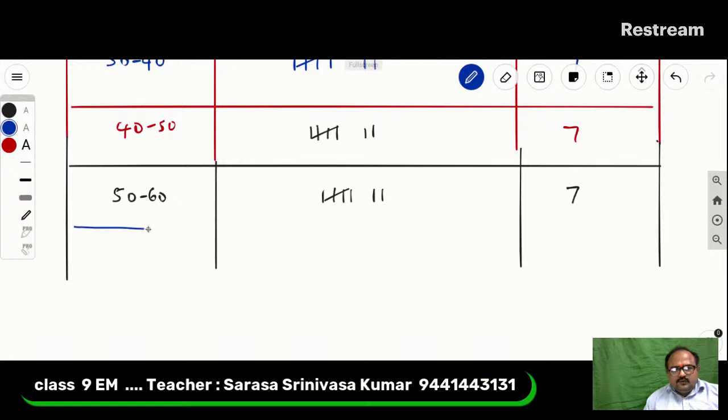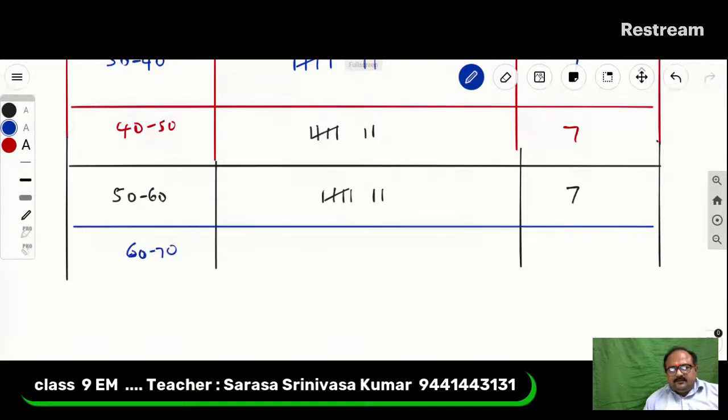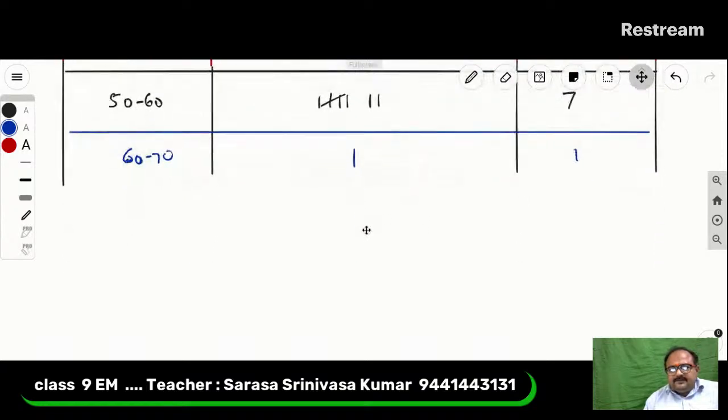Now we write the frequency of the 60 to 70 class interval. Only one student got marks between 60 and 70. So the frequency of this class interval is 1. Now we write the frequency of the last class interval, 70 to 80.